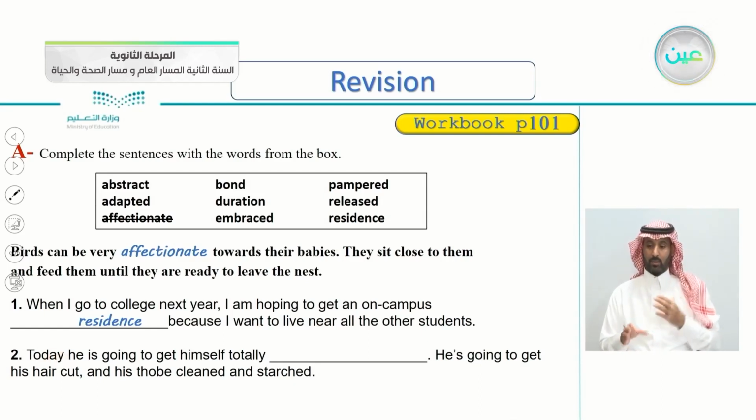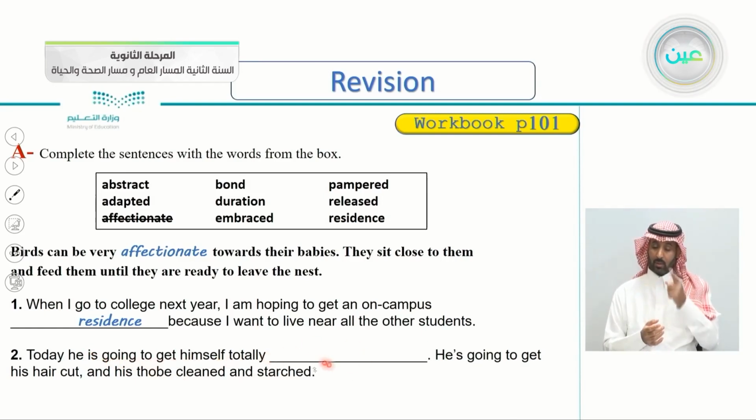Number two, today he's going to get his hair cut and his thobe cleaned and starched. So today he's going to get himself totally what? What's he going to do?